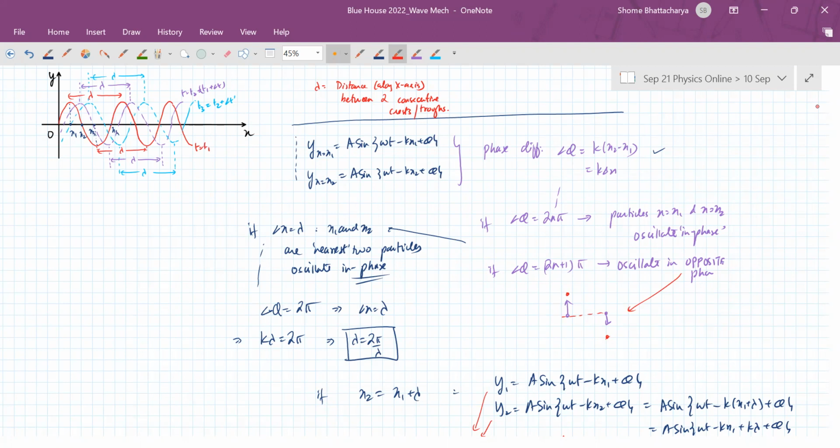Sir, after that is it kx or k lambda? K lambda, beta. Delta phi is k delta x. Yes, sir. So if we substitute delta x as lambda, then delta phi becomes 2 pi. So from that we are getting the relation that lambda is equal to 2 pi by k. Sorry, this equation should be 2 pi by k.